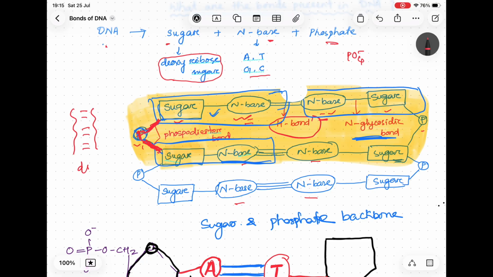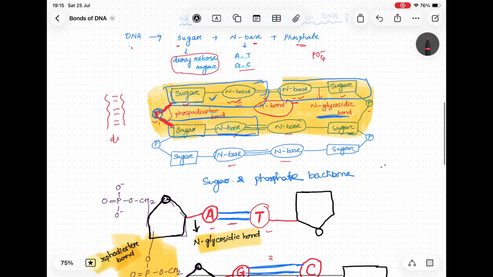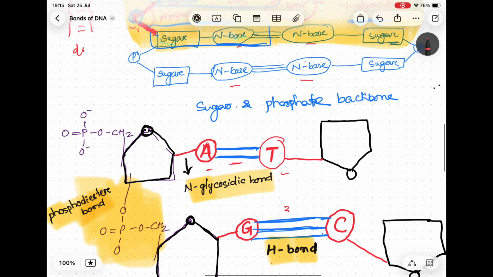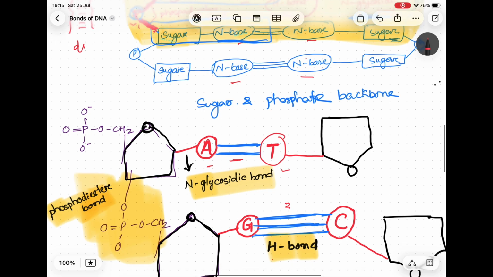So let me show you. This is your hydrogen bond here, this is your hydrogen bond, this is your N-glycosidic bond between sugar and nitrogenous base. This one is also N-glycosidic bond.